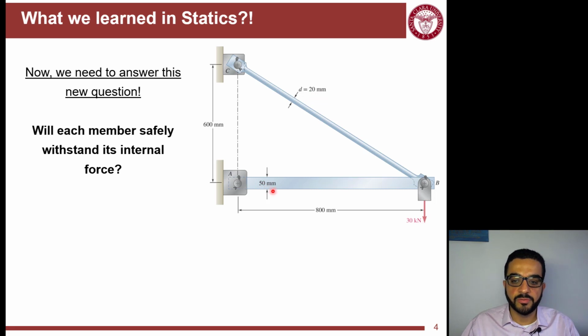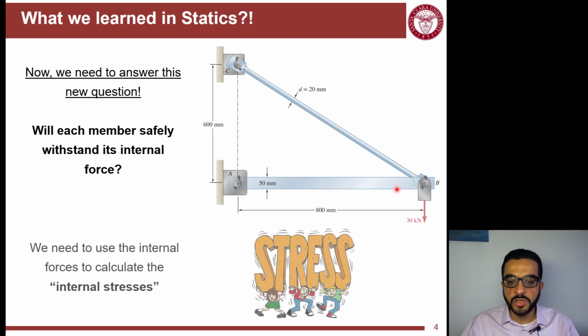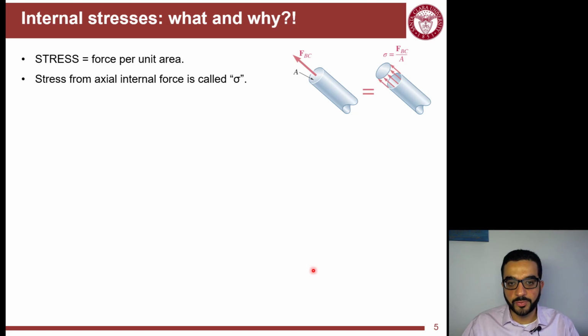This bar with a depth of 50 millimeters, is it enough to carry the compression force within member AB? We need to learn about stresses, or internal stresses, within each one of these members. It's not the stress we have from work, it's actually stress as a force per unit area.